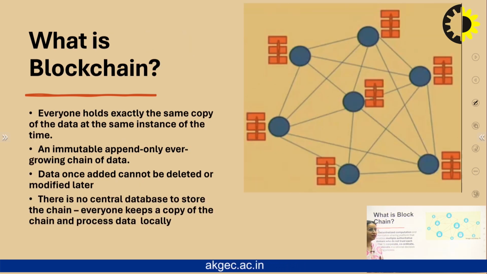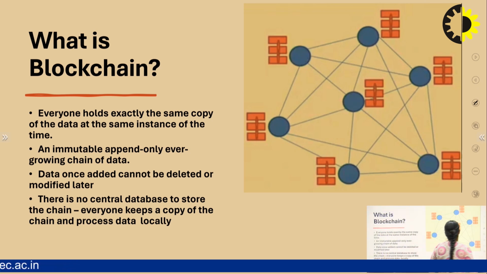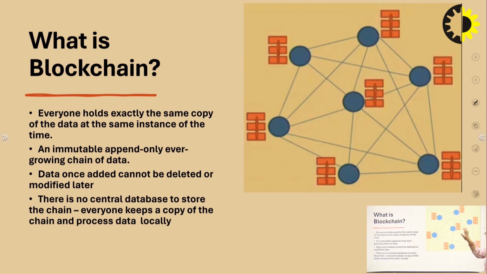Next, blockchain holds exactly the same copy of the data at the same instance of time. This is the structure of a decentralized system that I am talking about. These are the nodes in our system.